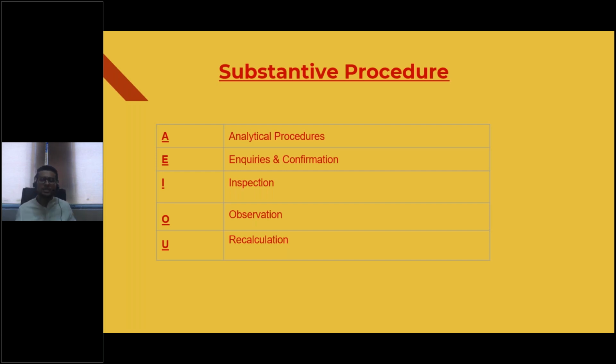So analytical procedures are going to highlight potential problematic areas, potential areas of material misstatement, so that you can remain alert, and so that you might be able to identify any material misstatement out of it.